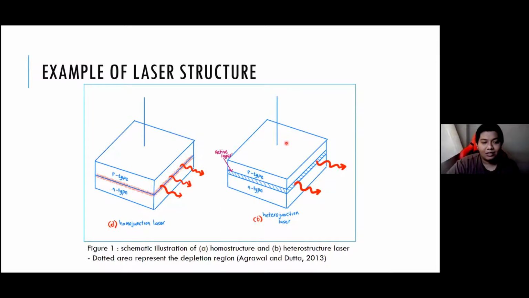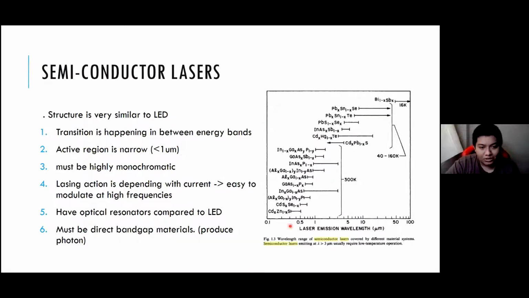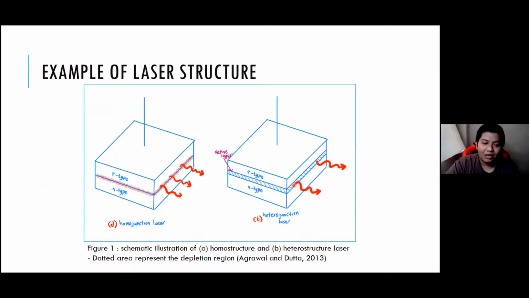And the second one is the heterojunction laser. In the first one, the top and bottom layer are, for example, aluminium gallium indium arsenide, and then the middle part, an example of the material is gallium arsenide. We will go into the importance of each layer later.